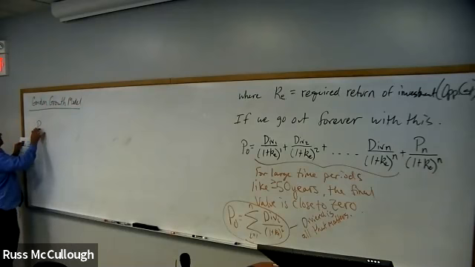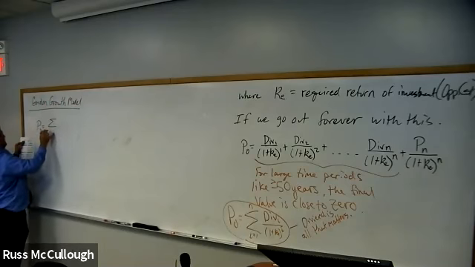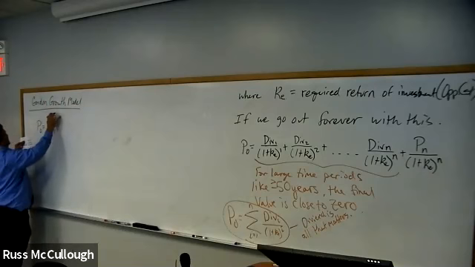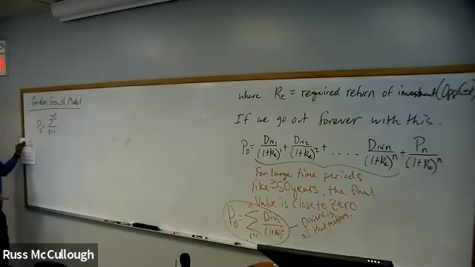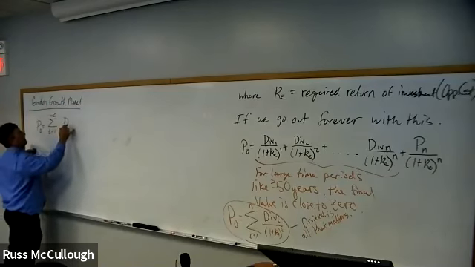So the price today is really going to be equal to the sum from time period 1 up to infinity of the D0 or T.